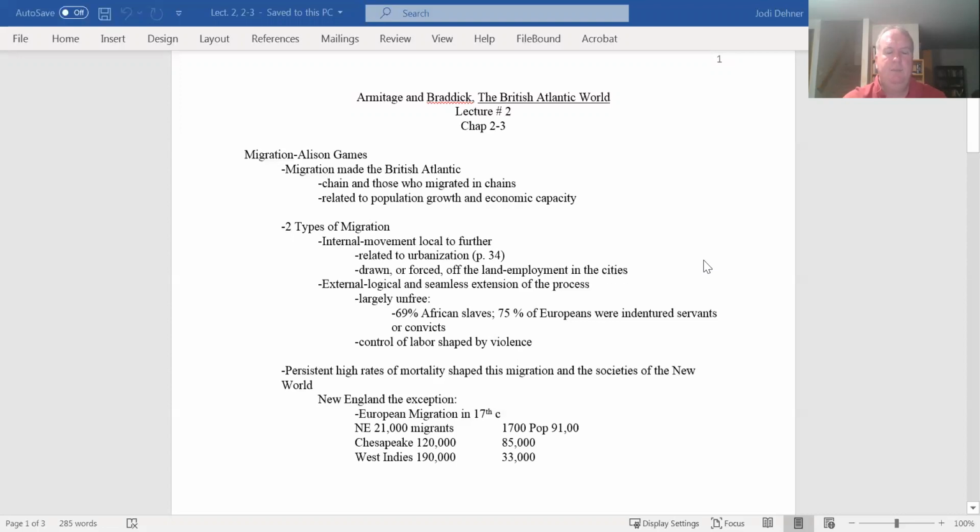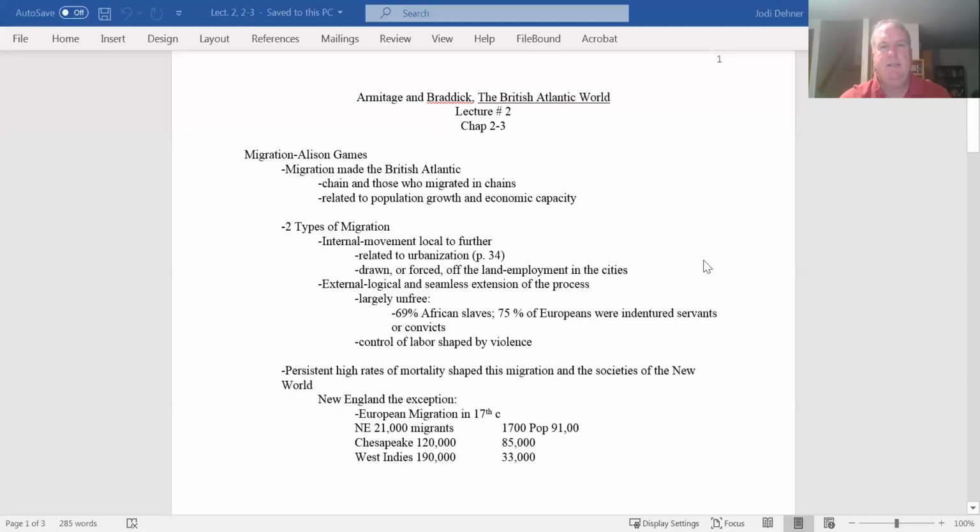So speaking broadly, Games wants to talk about two types of migration. The first is internal migration, which is what we were just talking about. It's the movement of people from the local rural community first to urban areas. And so you see stunning, rapid growth in the rise of cities in England and then Scotland and then later Ireland.